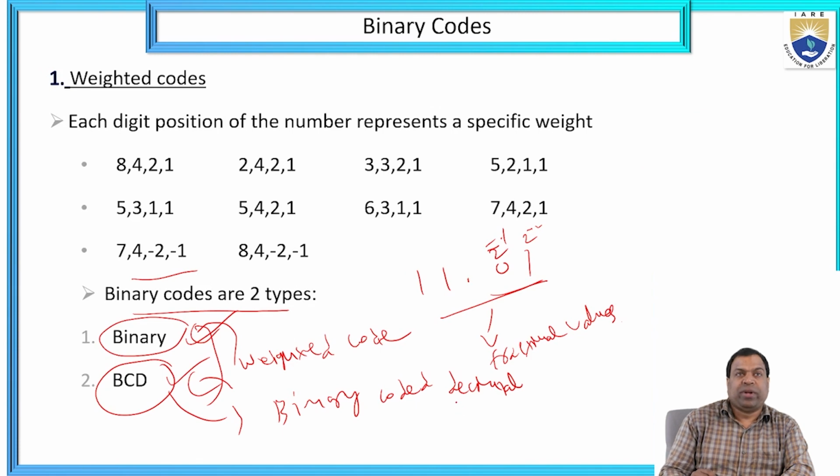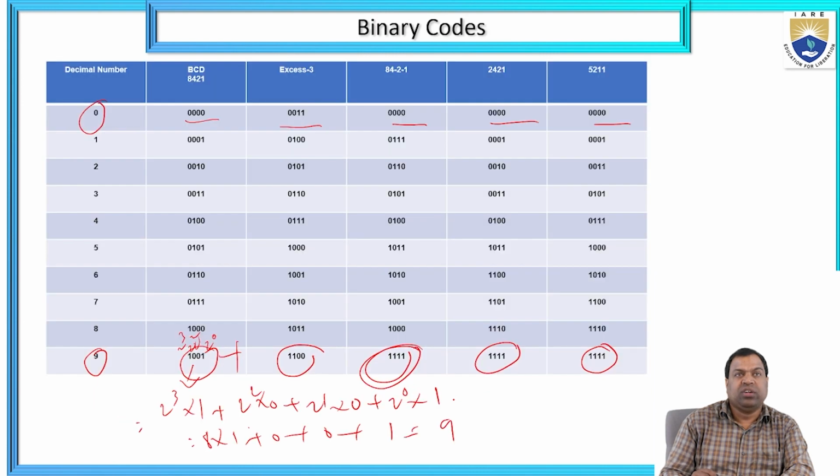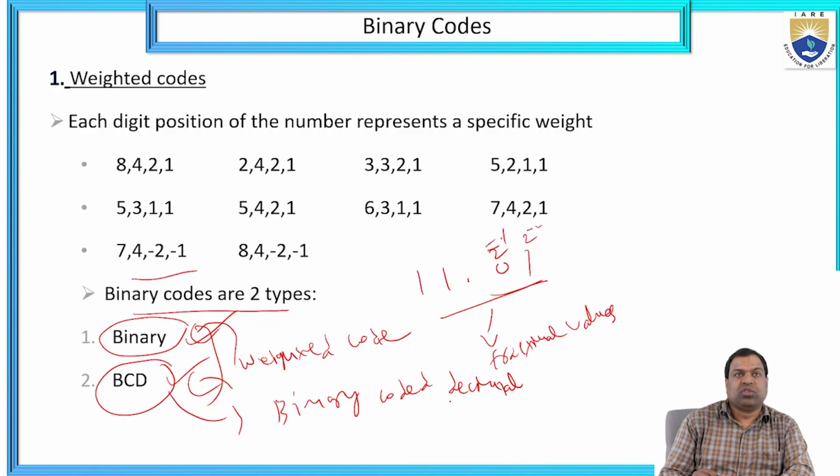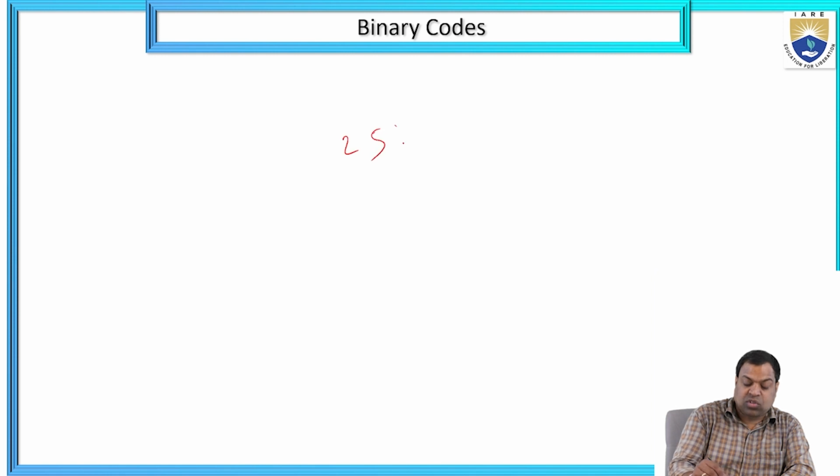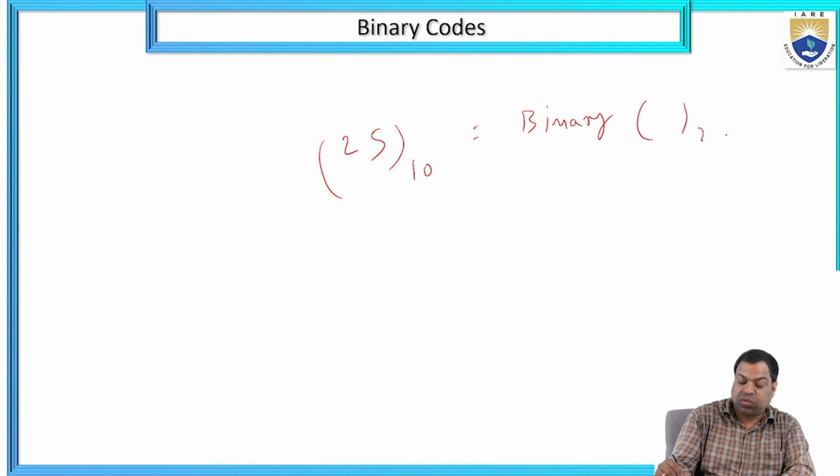So there are many types of binary codes, but weighted codes are of two types: binary and BCD, binary coded decimal. Suppose I take 25 base 10, convert it to binary, and also convert it to BCD.